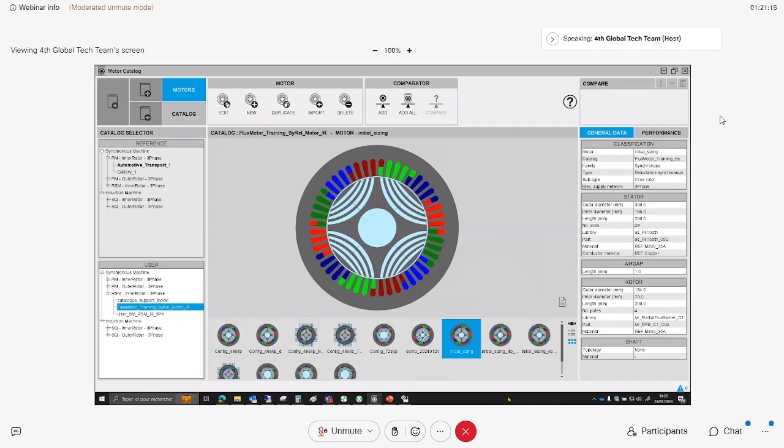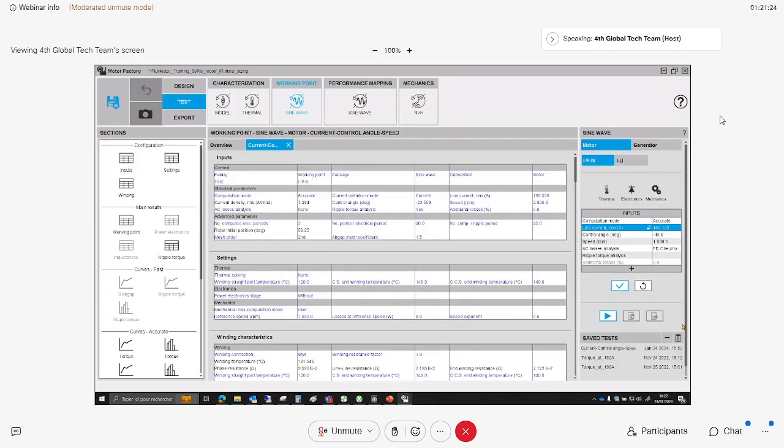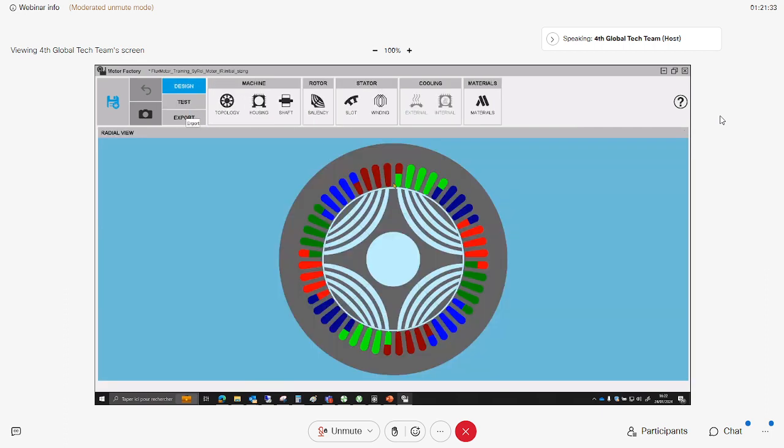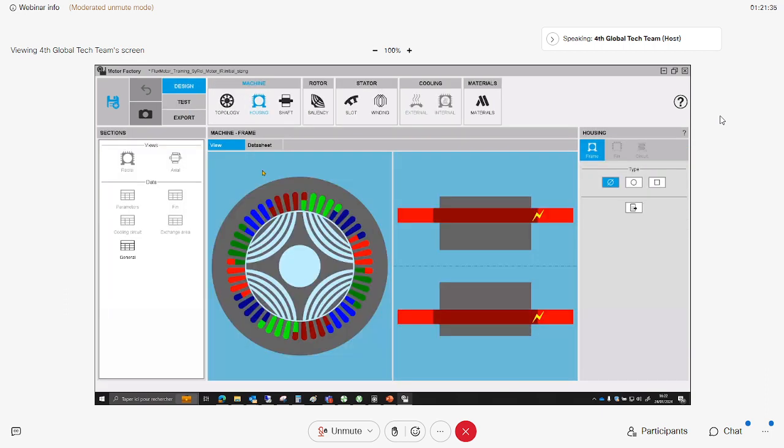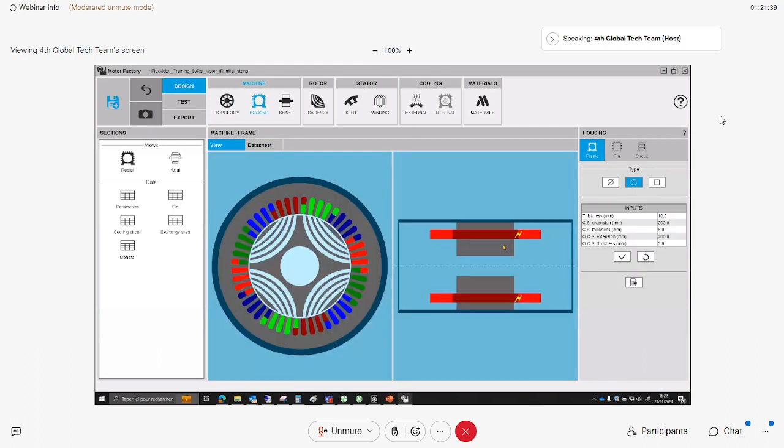Why? Because when you modify the geometry, you will lose your results. In my case, I save the results here for each working point I did. But if I go to the housing and select to make a housing, and you have current results that you didn't save, they will be deleted.